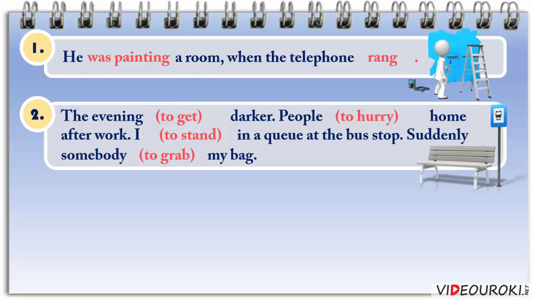Number 2. Now check yourselves. The evening was getting darker. People were hurrying home after work. I was standing in a queue at the bus stop. Suddenly, somebody grabbed my bag.